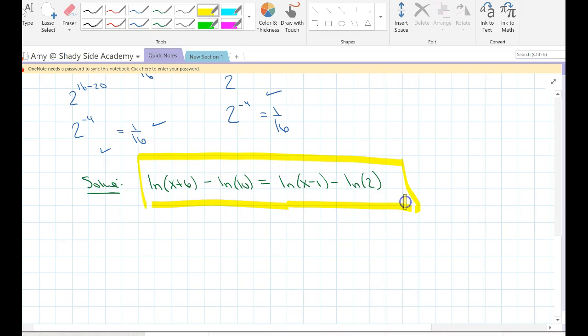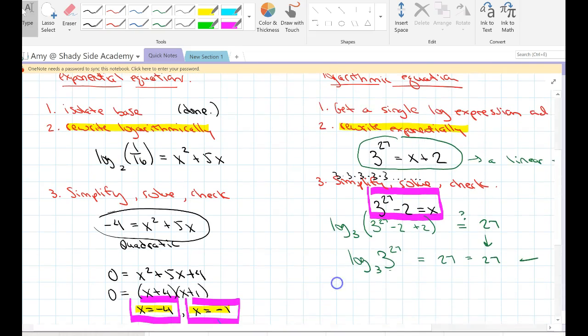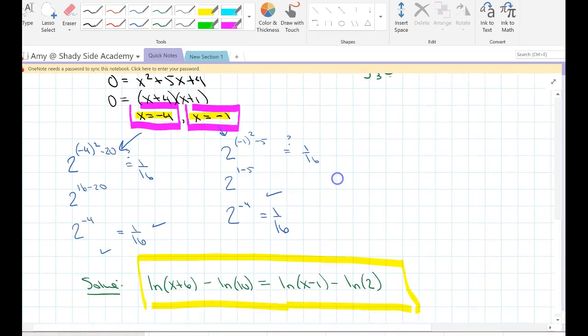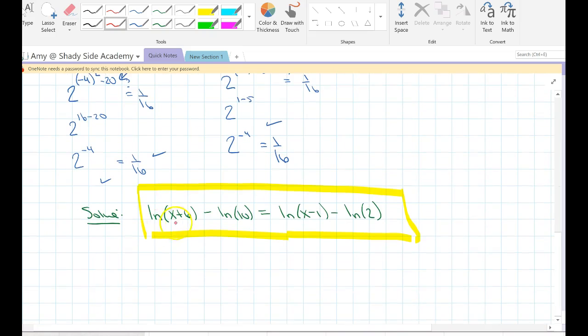The reason why it's special, everyone, is because unlike this log equation up here, where you have a log expression on the left and no log expression on the right, just a constant, this one has a log expression on the left and a log expression on the right.